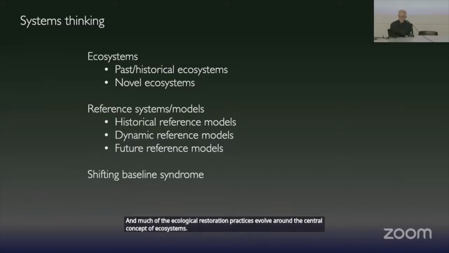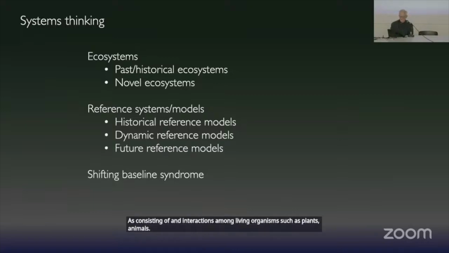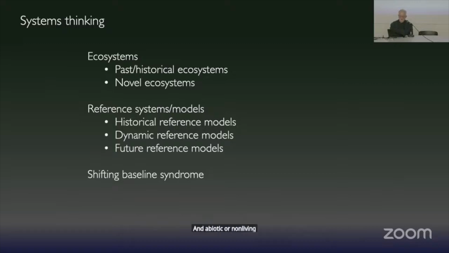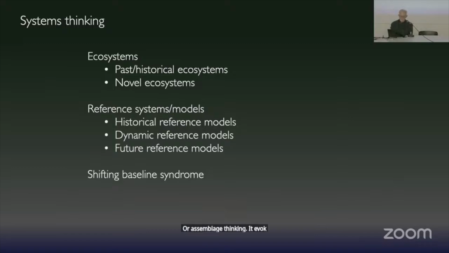Ecosystems are a means to understand the world around us as consisting of interactions among living organisms such as plants, animals, microorganisms, and abiotic or non-living components such as soil, water, and air. So ecosystems occur in different spatial scales, from small ponds to whole landscapes. And the concept of an ecosystem relies on systems thinking or assemblage thinking. It evokes interdependence among different elements within the system.